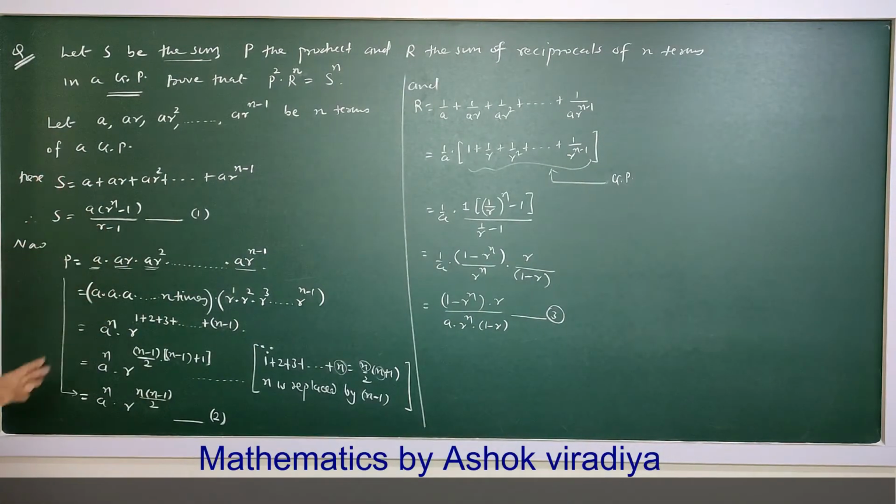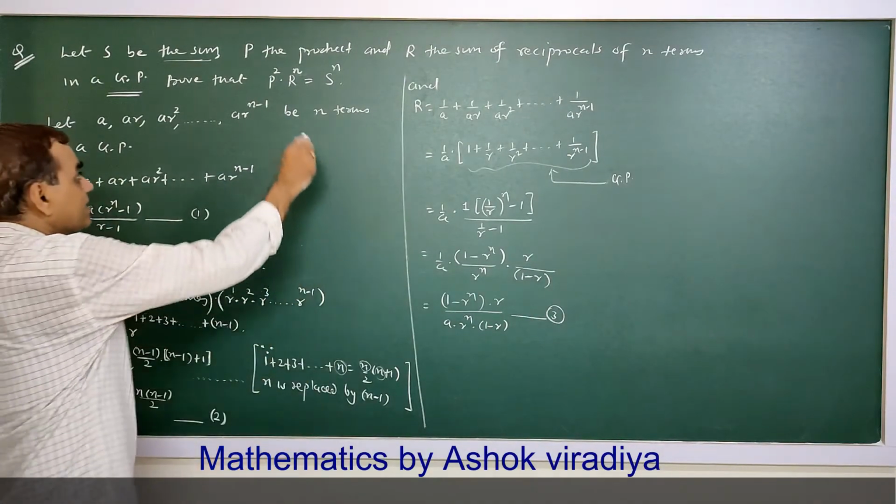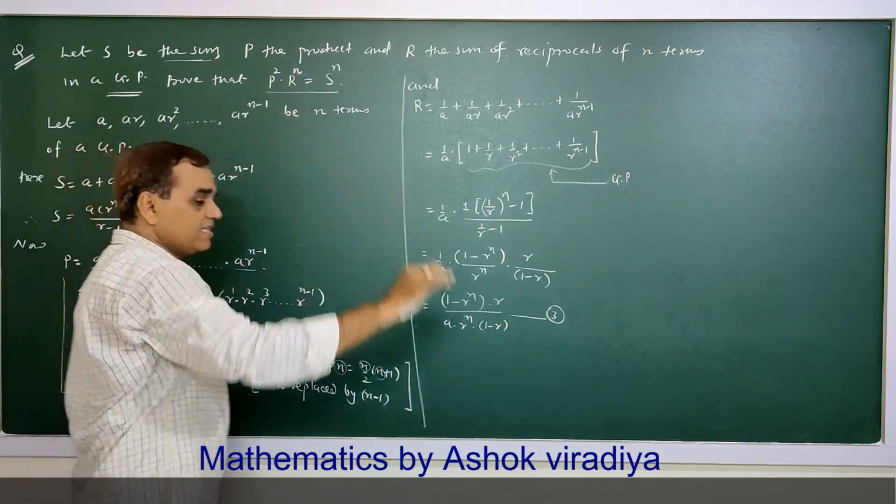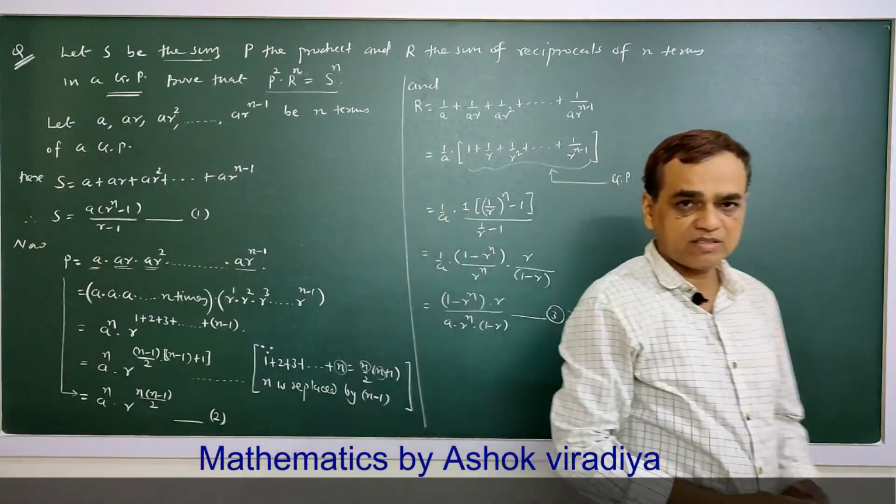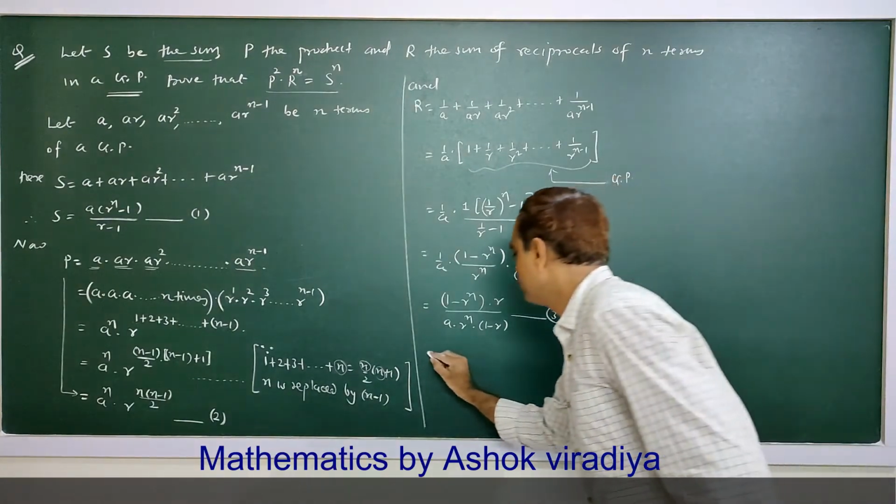Now what do we want to prove? We want to prove that P square into R raised to n is equal to S raised to n.